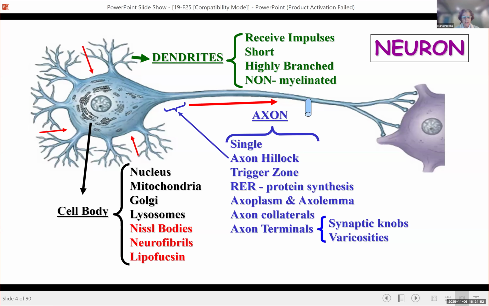What is lipofuscin? Lipofuscin is a remnant of products that are digested by lysosomes, but that are not completely digested, and they stay. It's like aging spots, dark spots that people have on their skin. They also contain lipofuscin, what happens when the material is digested and not completely.